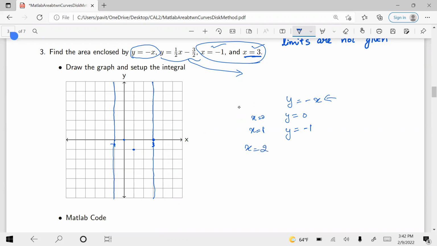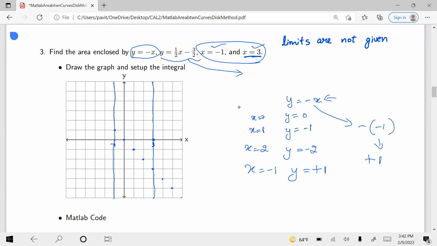So x equal to 2, y is -2, and so on. Now, what happens when x is -1? y is +1, because negative of -1 will give you +1. Likewise, if you keep going, you will get a straight line. This is how you will identify the shape of the graph. Okay, I will connect this.